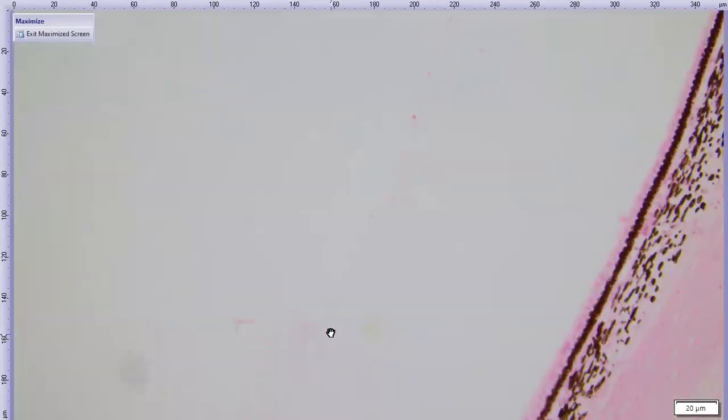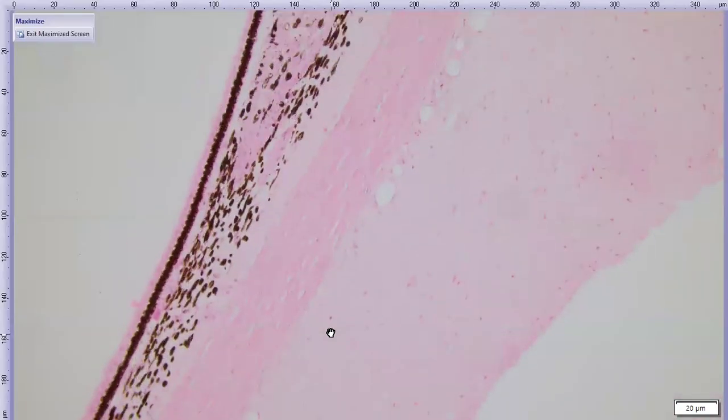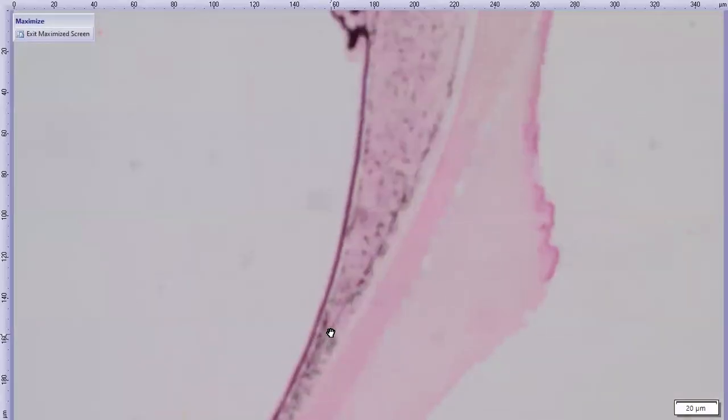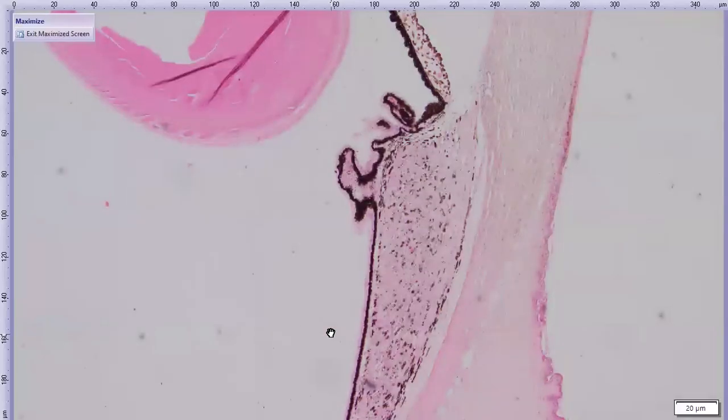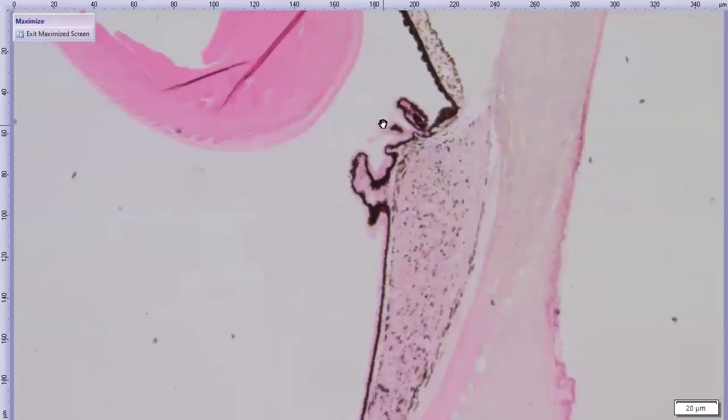If we go further back, it's going to take that tissue, and let's go back to lower magnification. It's going to drag it forward. And if you drag that tissue forward a little bit, then it's going to narrow the aperture between the ciliary body here and the ciliary body on the other side of the lens.